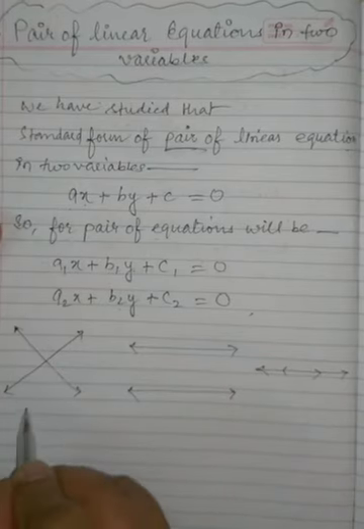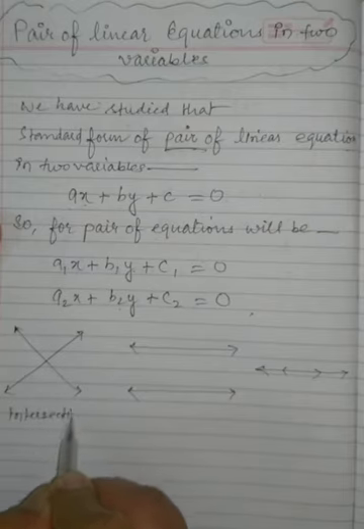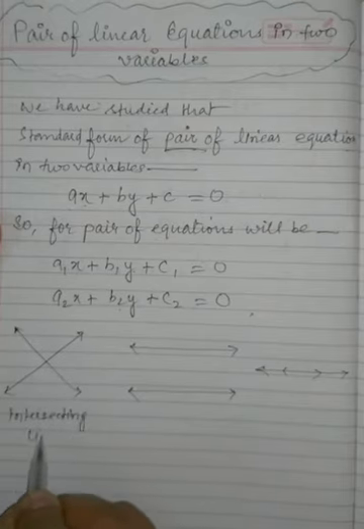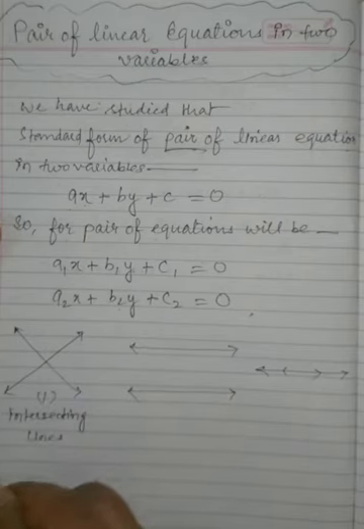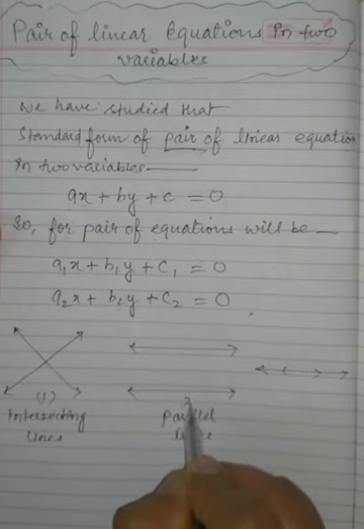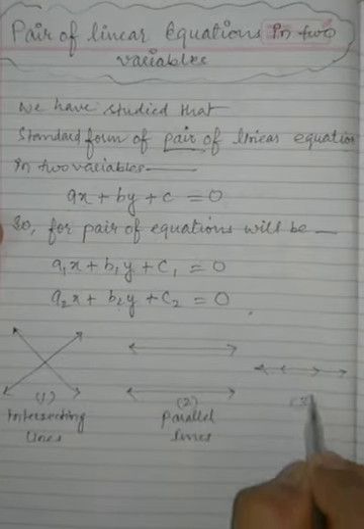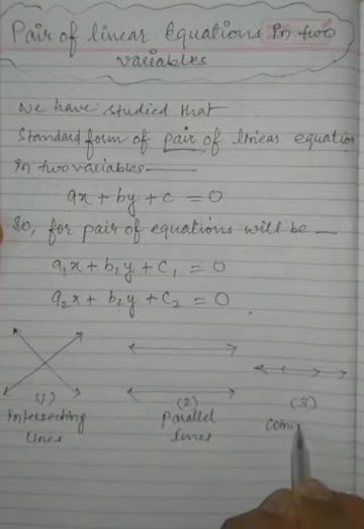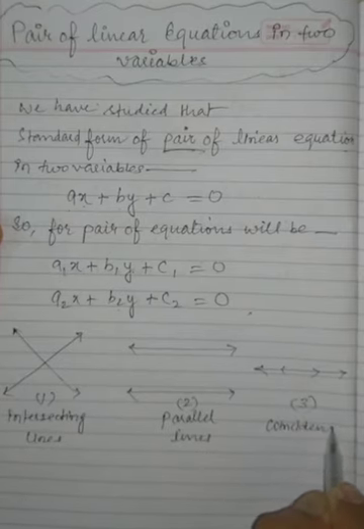So this figure is for intersecting lines. This figure is for parallel lines, and this figure is for coincident lines.